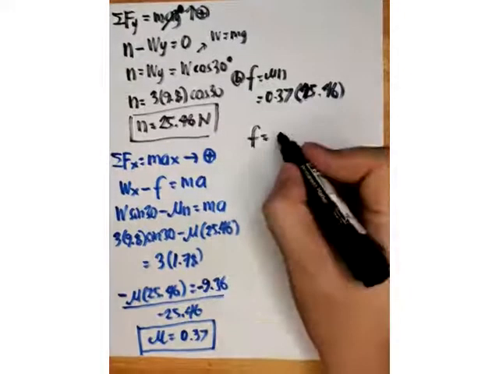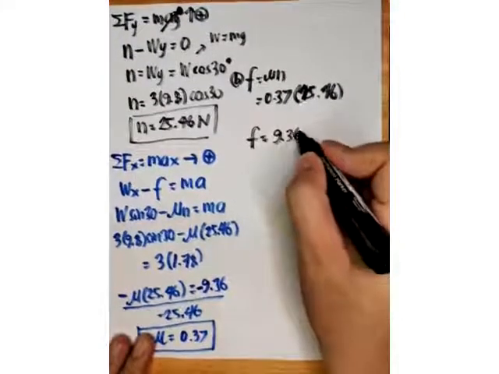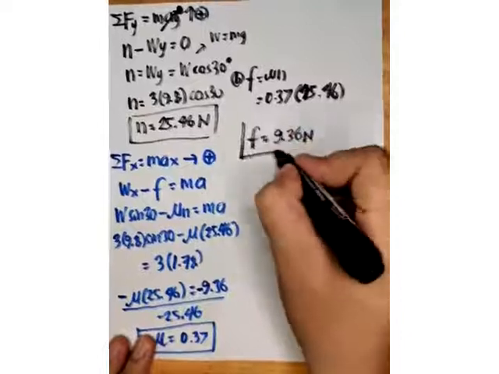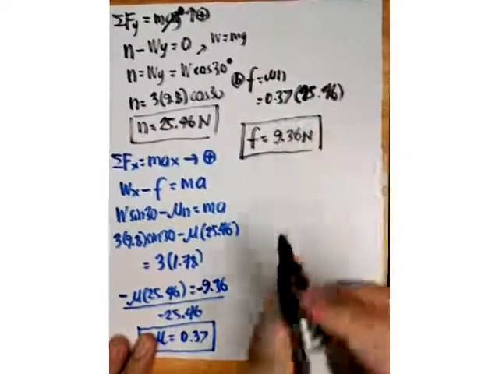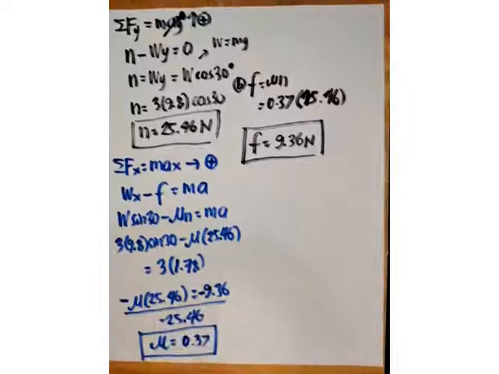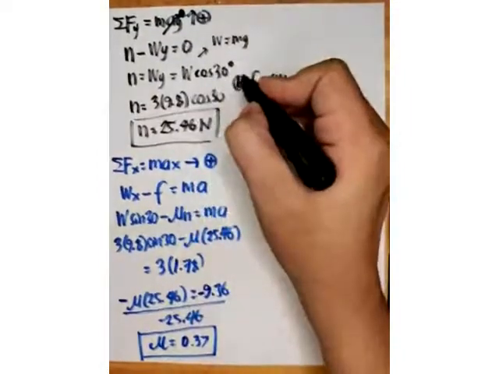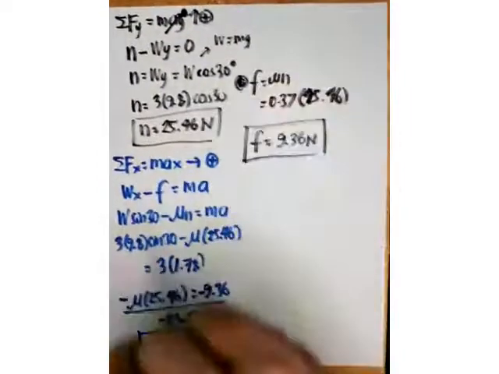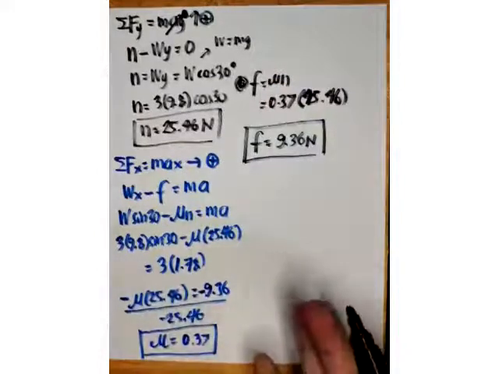It's 9.36 newtons. Okay, 9.36 newtons. C pala, C na pala. Okay. Ito ang B, yung C.